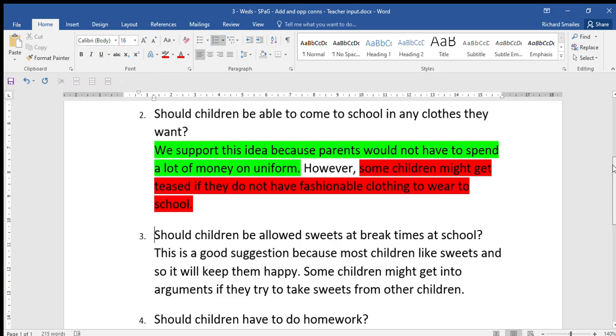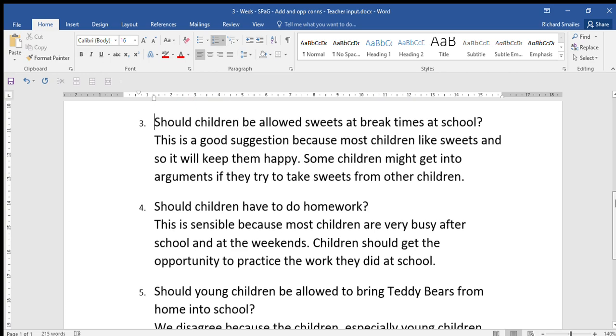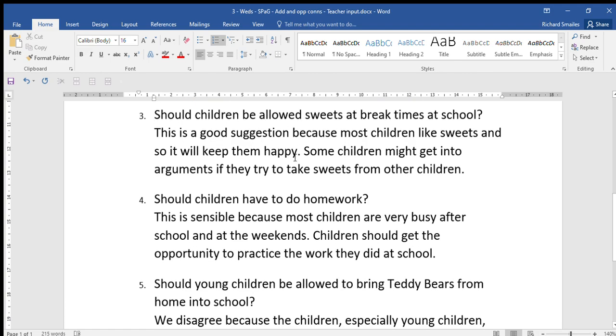Example number 3. Should children be allowed sweets at break times at school? So let's just have a look. This is a good suggestion. Once again, they're starting the sentence off in a good way, because they're warning the reader straight away that this sentence is going to agree with what the question says.